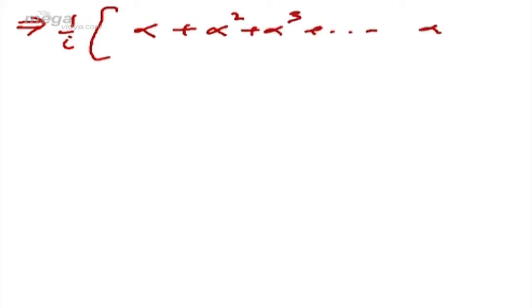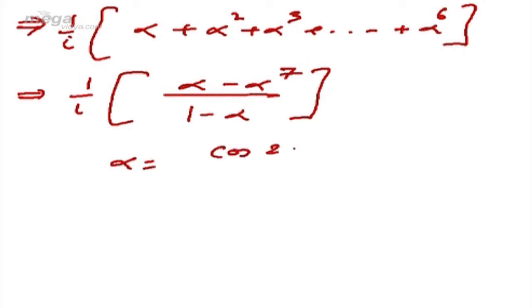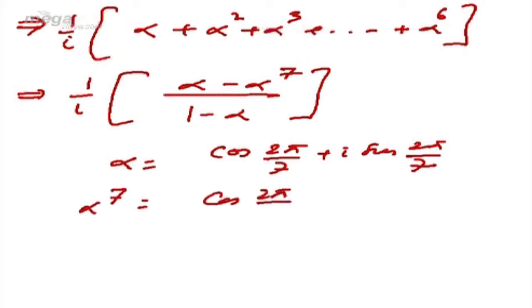So the expression in the bracket becomes alpha plus alpha square plus alpha cube till alpha to the power 6, which is a GP, and the sum of the GP can be written as alpha minus alpha to the power 7 divided by 1 minus alpha. Now alpha is equal to cos 2 pi by 7 plus I sin 2 pi by 7. So alpha to the power 7 becomes cos 2 pi by 7 plus I sin 2 pi by 7 whole to the power 7.